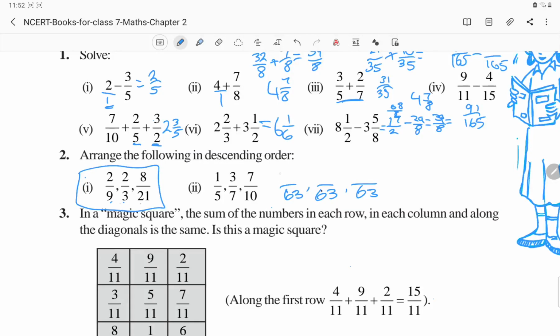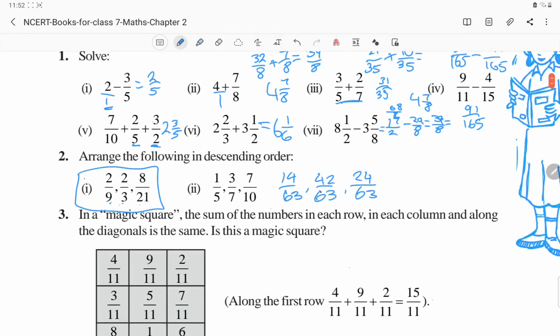This for 2 by 9 is 14 by 63, because 2 times 7 is 14. 42, 2 times 21. And then 8 times 3, 24. There are numbers, and we now know which one's the biggest, smallest, and in the middle. So let's put it in descending order.